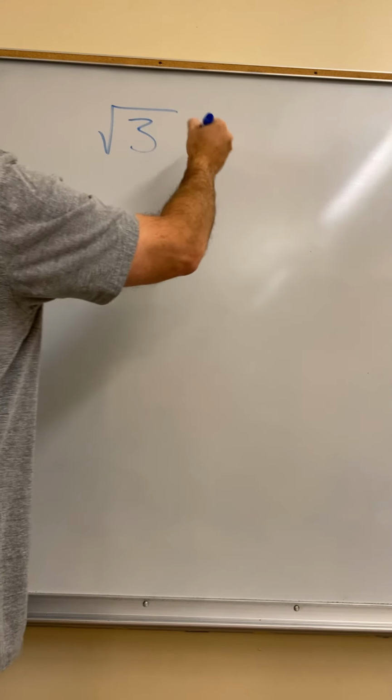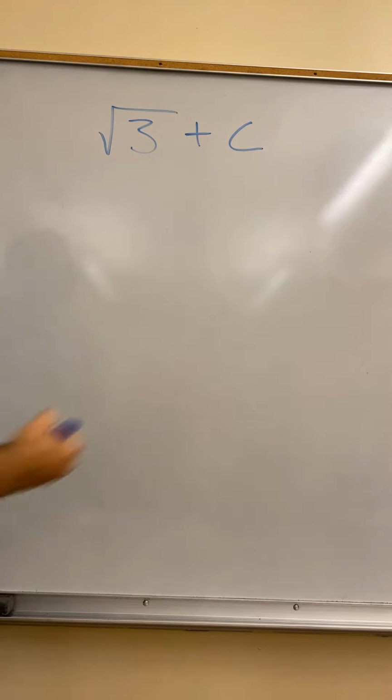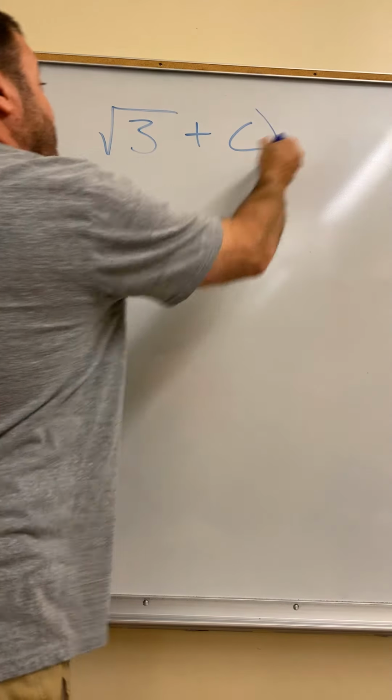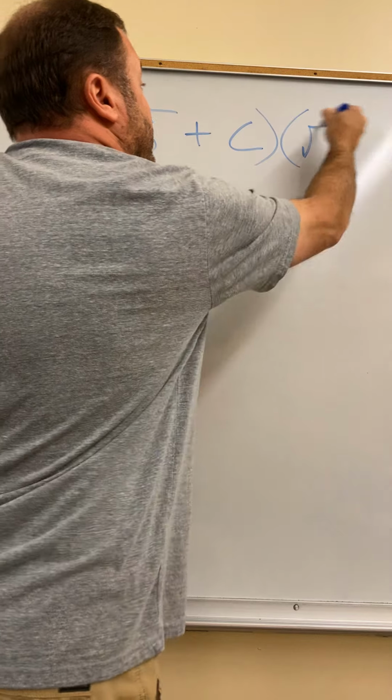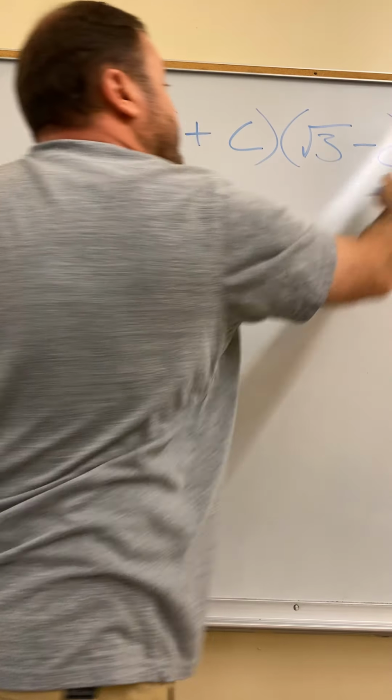Let's try another one. Let's try square root of 3 plus c. So if you have square root of 3 plus c, what's your conjugate going to be? It's going to be square root of 3 minus c.